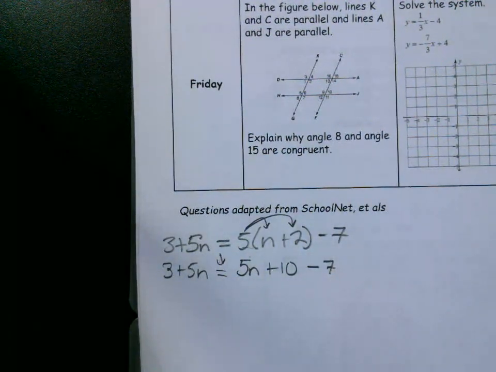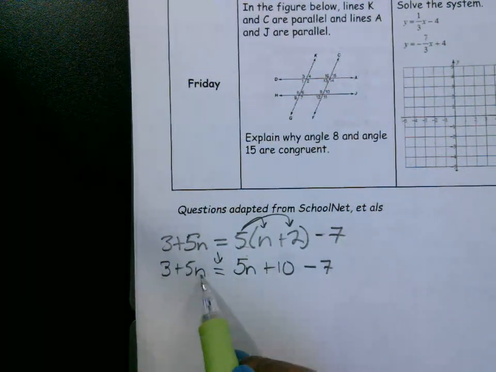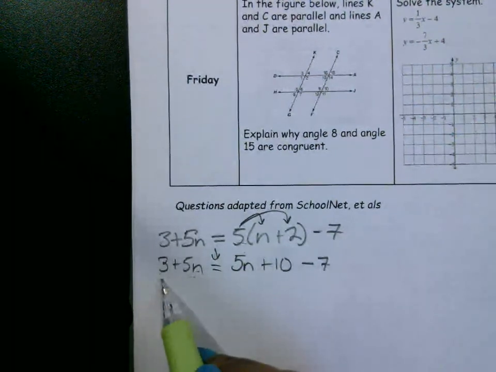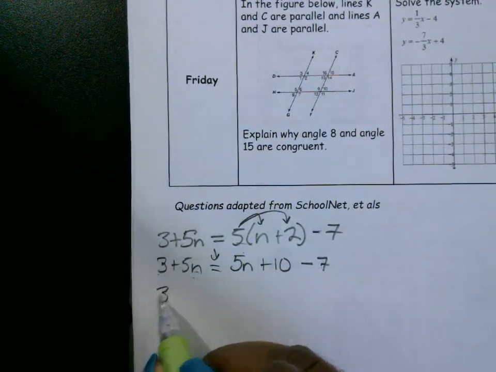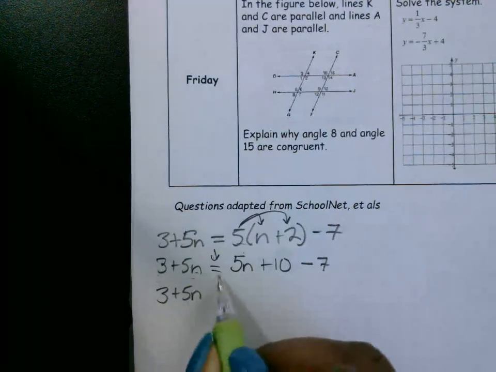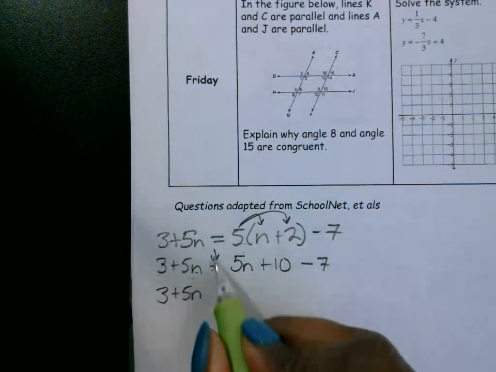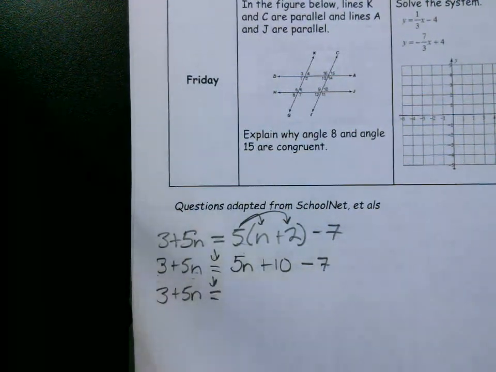So distributive property is first. Next, we're going to combine like terms on each side separately. Okay, Langston, we cannot combine these two terms on this side because they're not like terms. So again, we're going to bring these down. Bring down the equal sign.